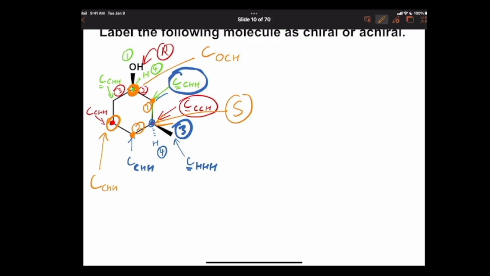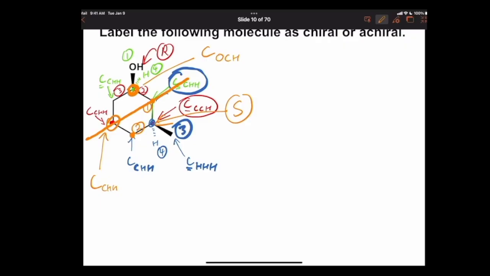If I put a mirror right through the middle of this and tried to reflect one versus the other, oxygen and methyl do not match, so there is no internal plane of symmetry. This molecule has two asymmetric centers, one is an R, one is an S, and it has no internal plane of symmetry. It is chiral, absolutely.